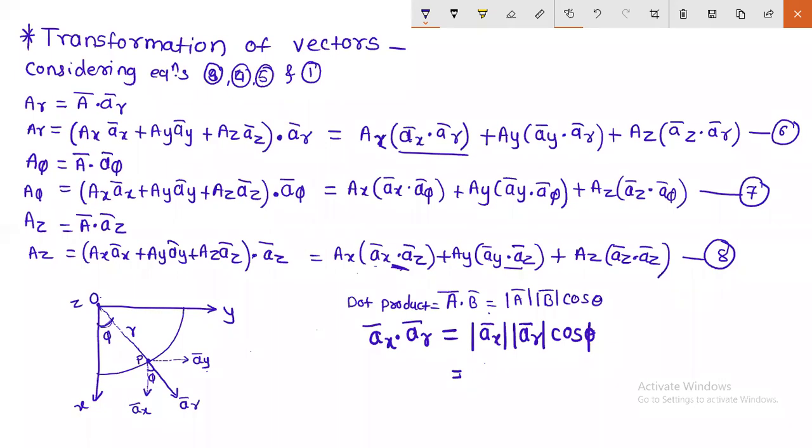So if I consider any vector a bar, suppose this vector is 3 a bar x plus a bar y plus 5 a bar z. If I consider only this term, 3 a bar x, then 3 is the magnitude. What is the magnitude of this unit vector?